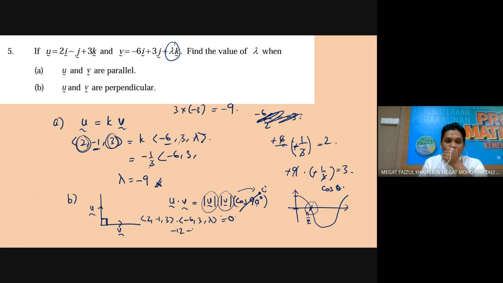Negative 1 times 3, minus 3. 3 times lambda equals 3 lambda. Negative 12 minus 3 equals negative 15. Negative 15 brought to the other side becomes positive 15. So 3 lambda equals 15, then lambda equals 5. There you go. Okay.